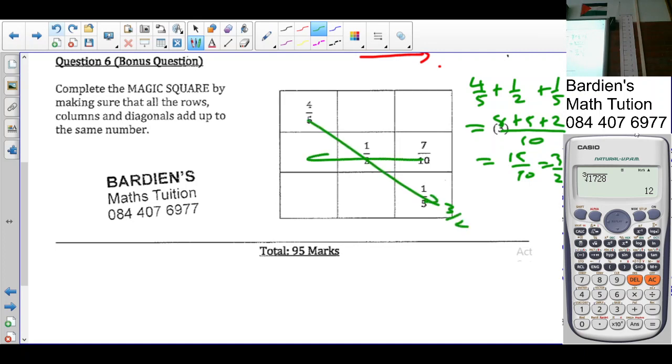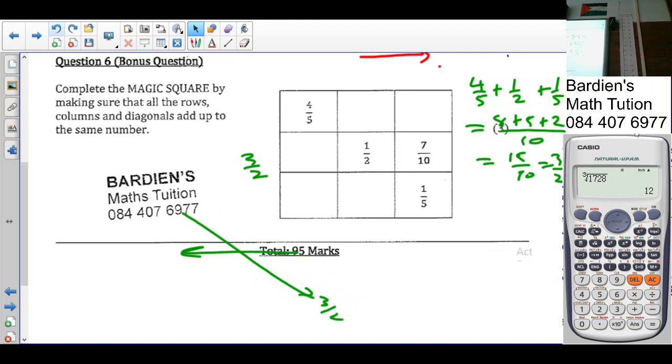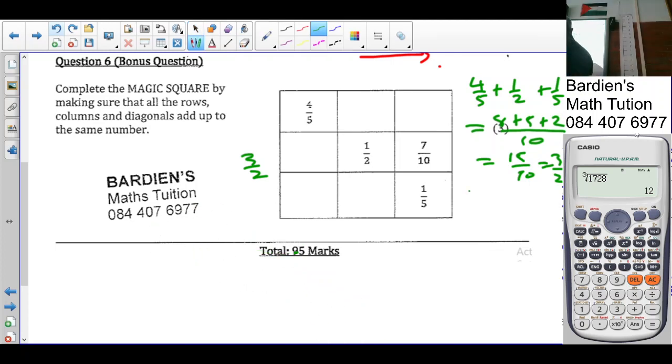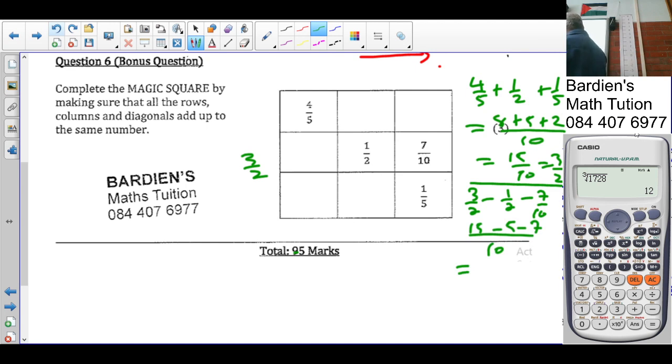So that must also add up to 3 over 2. So you have 3 over 2 minus 7 over 10, which gives you 15 minus 5 minus 1, so it's going to be 3 over 10 here.